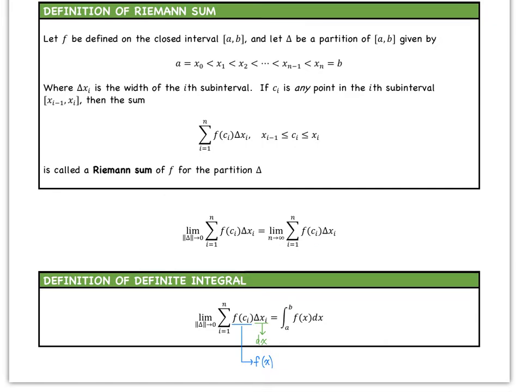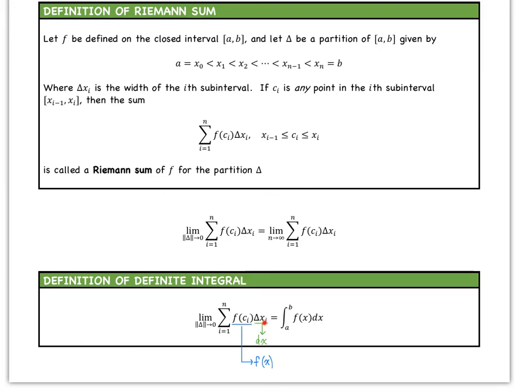So this is leading us into the definition of a definite integral. So the last couple of videos we dealt with indefinite integrals. So again, we have the limit as our largest partition goes to 0, okay, of the sum of these rectangles. That's what those are representing, okay? Where this f of c i, well, that's our f of x, that's our y value, that's the height of our rectangle.